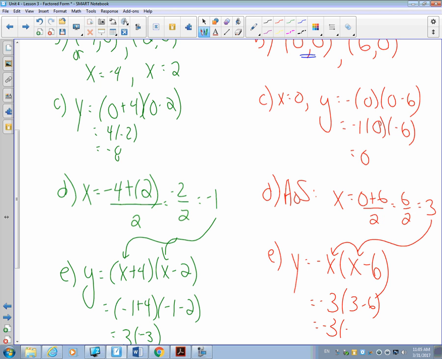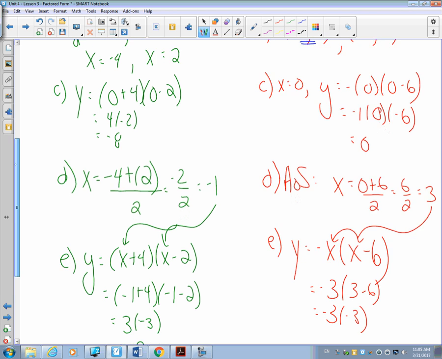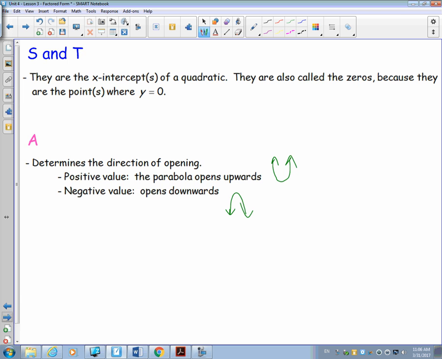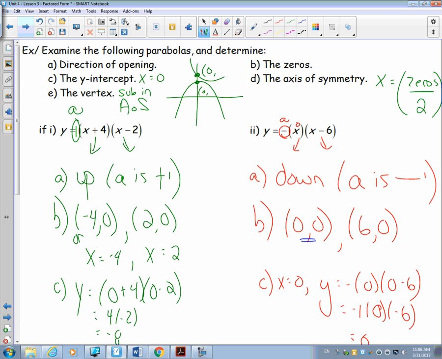In other words, -3 times -3. And that comes out to 9. So I have a vertex of 3 for x and 9 for y. And it's pretty quick to do once we get the hang of this. It does take a little bit of practice, but those are kind of our 5 big important properties from factored form.